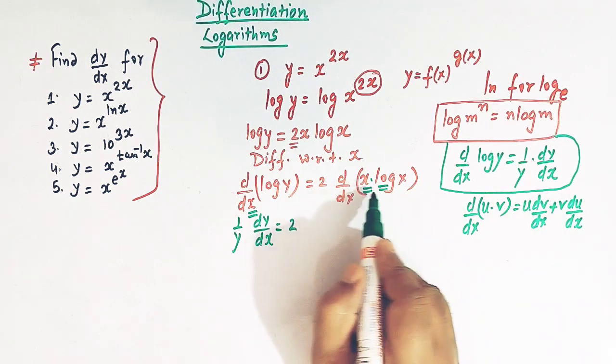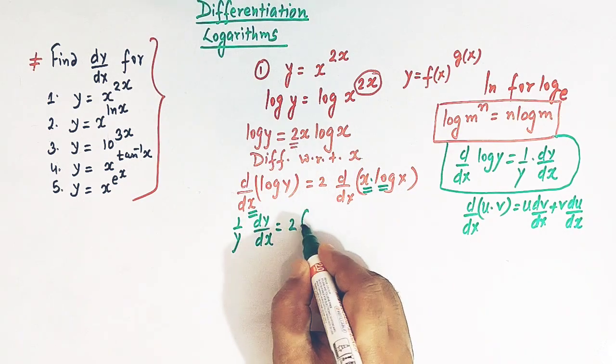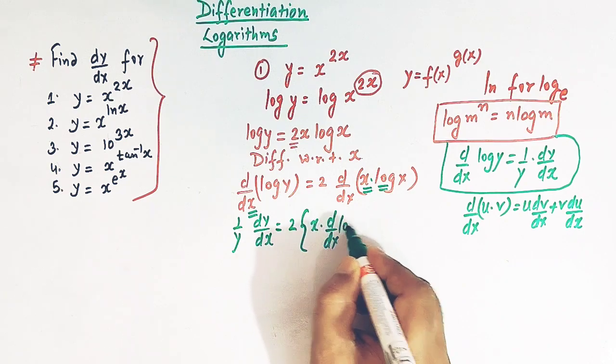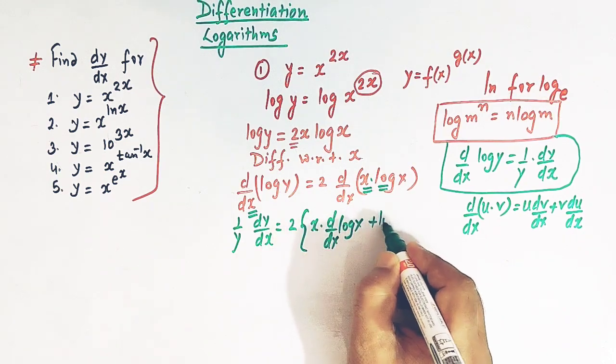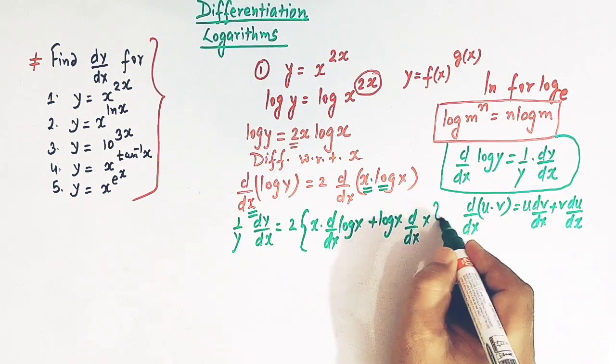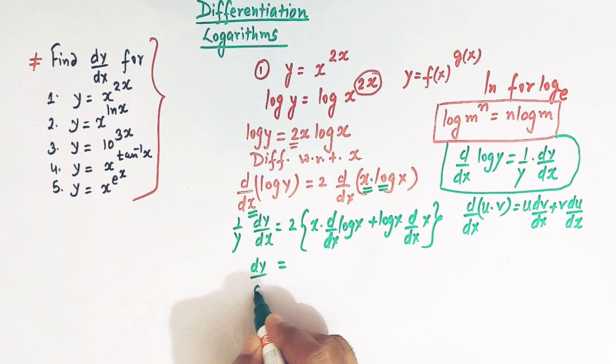So here we can take u as x and v as log x. So we have x, then we have the derivative of log x, and then we have log x and the derivative of x, right?